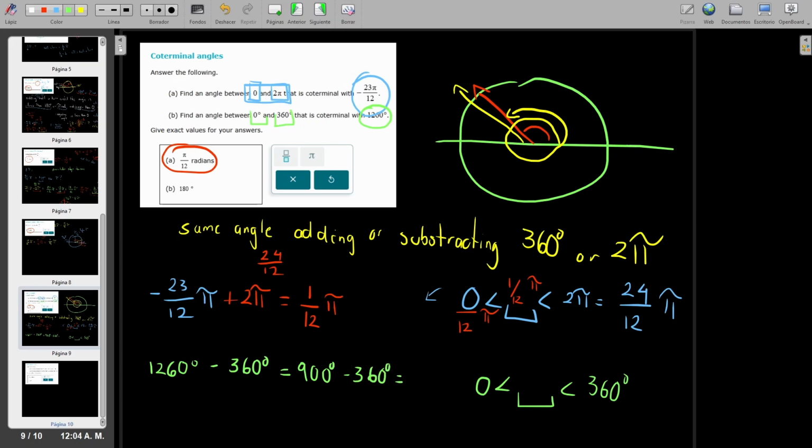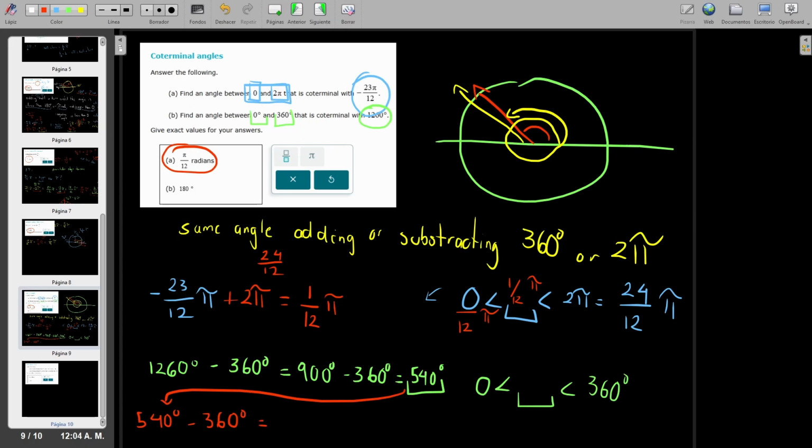So it's going to be 540 degrees. This number is still bigger than the next one, right? So we need to be subtracting minus how much? 360.